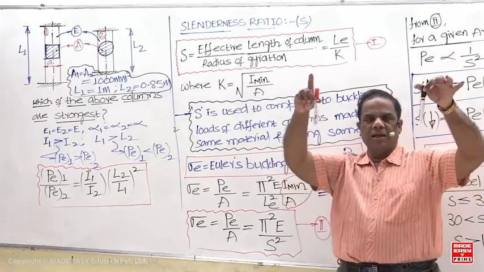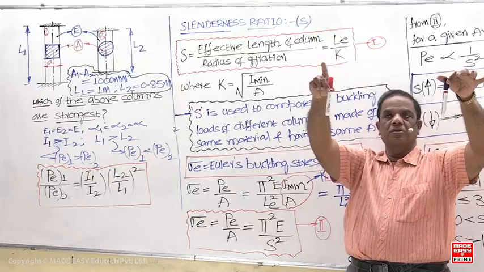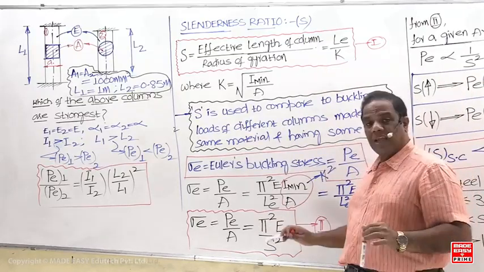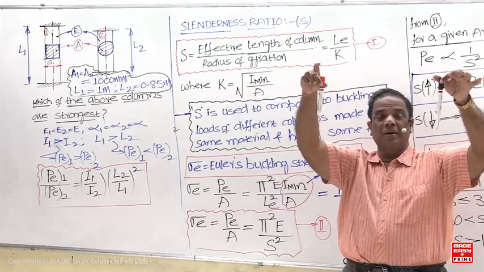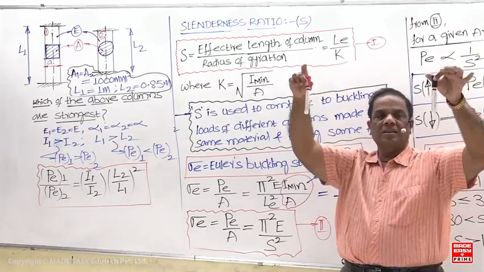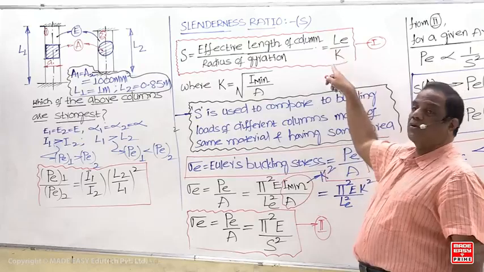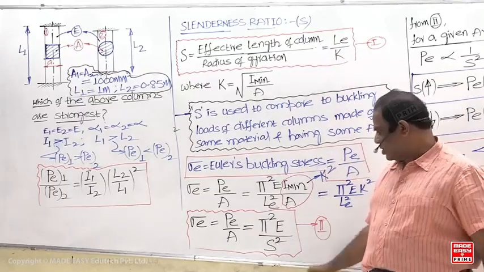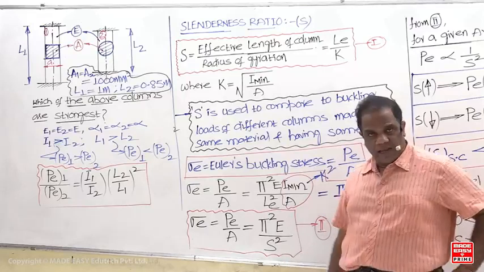Material known means Young's modulus known, and slenderness ratio can be calculated from effective length of the column to the radius of gyration. So buckling stress is equal to pi square E by S square.